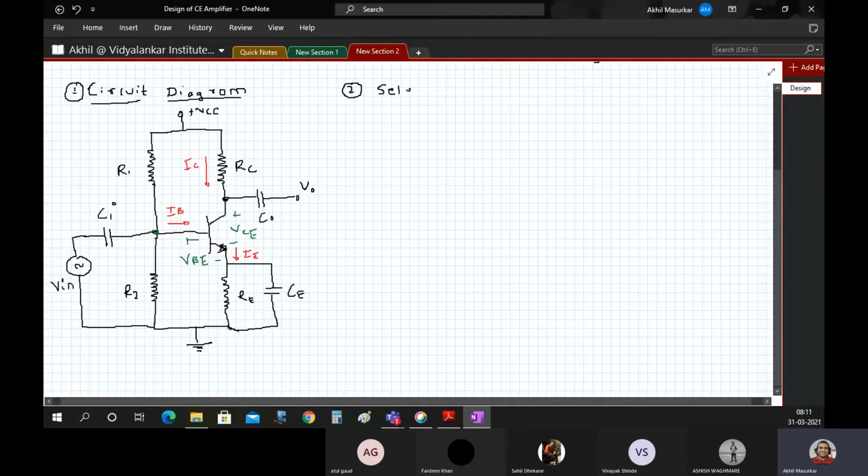That is selection of transistor. So if the transistor is not mentioned, we can write: select transistor BC147E.